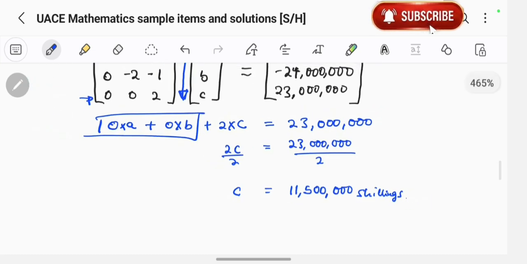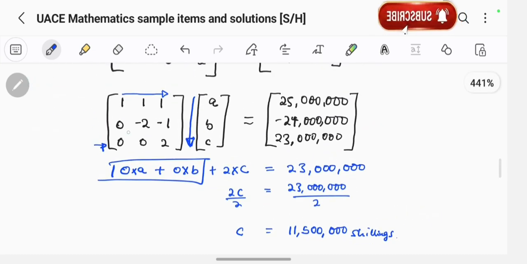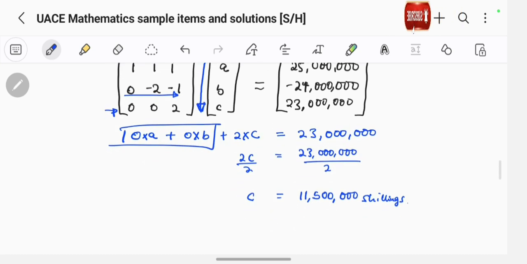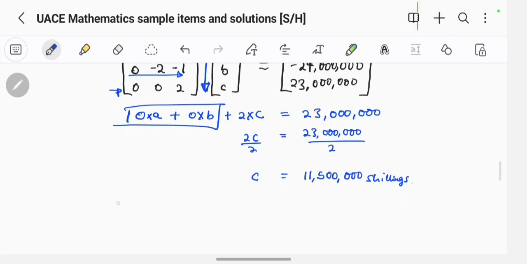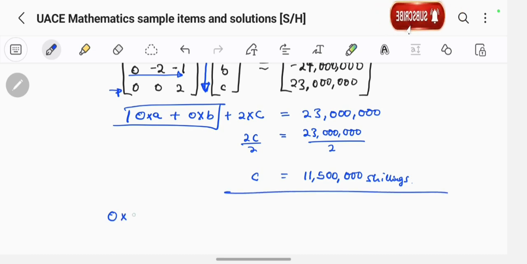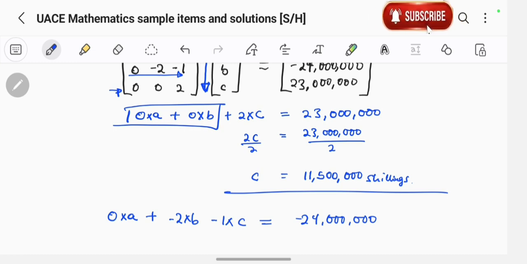Then the other part is going to be, I'm going to multiply this row by those columns there. So it's going to be 0 times A plus negative 2 times B minus 1 times C equal to negative 24 million.